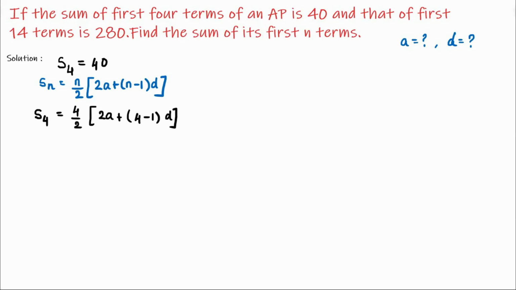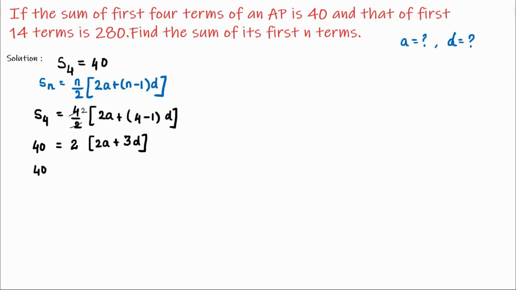So in the next step we get, now S4 is given as 40 in the given question. So we get 40 equals 2 times 2a plus 3d.